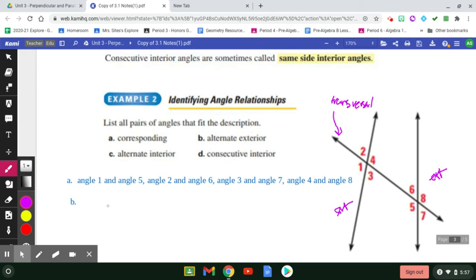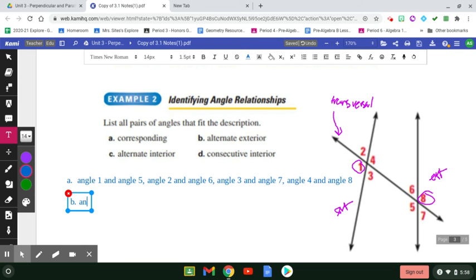So when I'm taking a look at my angle relationships, I want to be on opposite sides of this. So I would go angle 1 and angle 8. So I'm going to type that in. Another pair that I see would be angle 2 and angle 7.